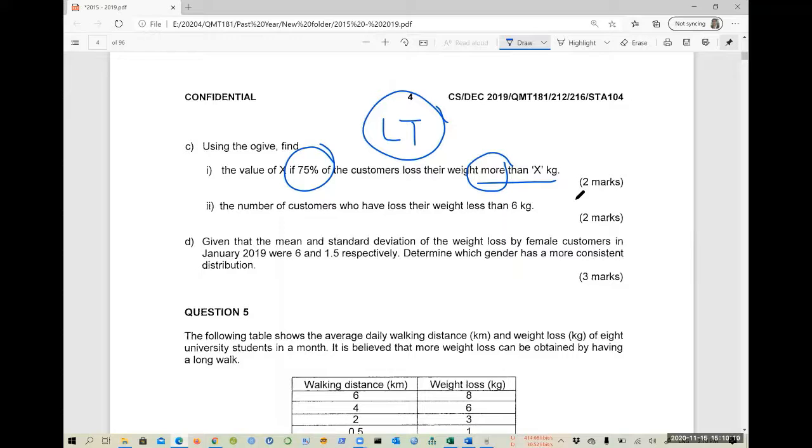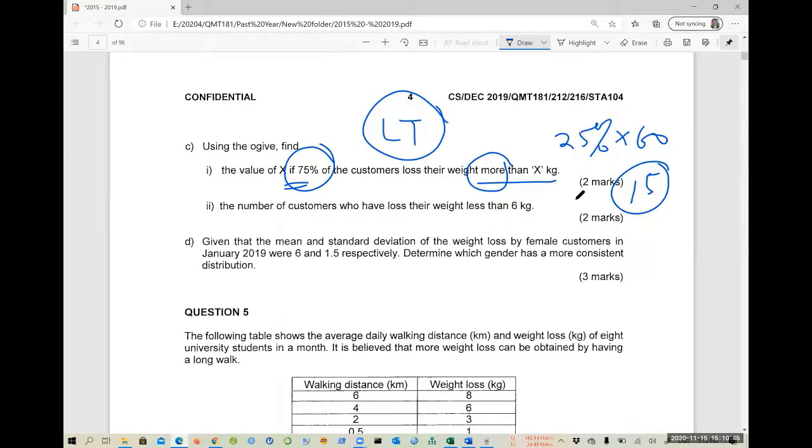Okay, because whenever you find the 25% that has weight loss less than a certain value, it gives you the 75% of it more than the value, more than the x kilogram. So in this case, what you need to do is to find actually the 25%. So 25% of what? 25% of the total. So the total is 60, right? So that means the number is 15, right?